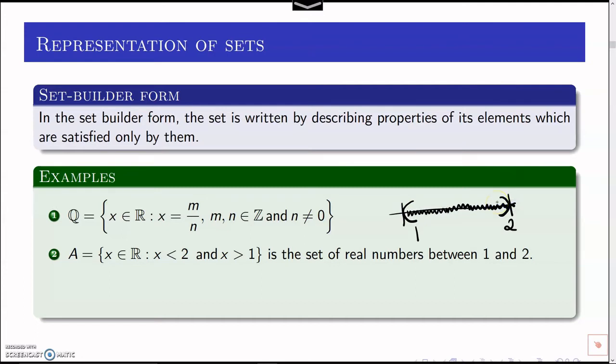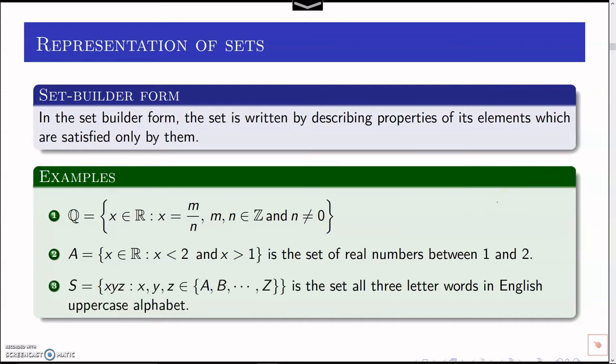One more. You form a set capital S of elements of the type XYZ, where XYZ are uppercase alphabets. So XYZ could be any alphabet from A till Z uppercase, and this is the set of all the 3-letter words in English uppercase alphabets.